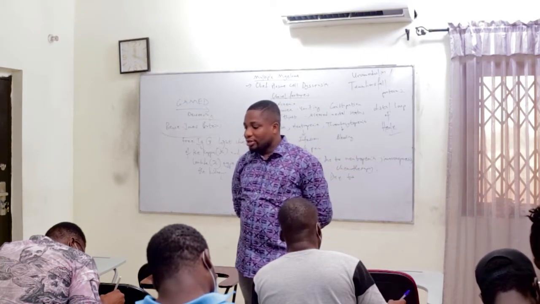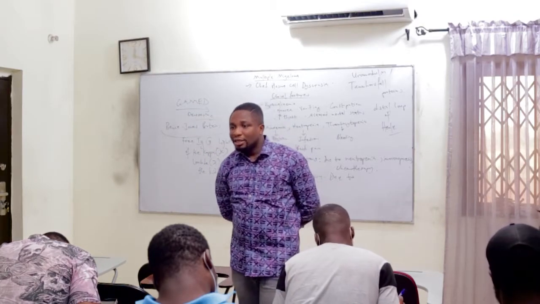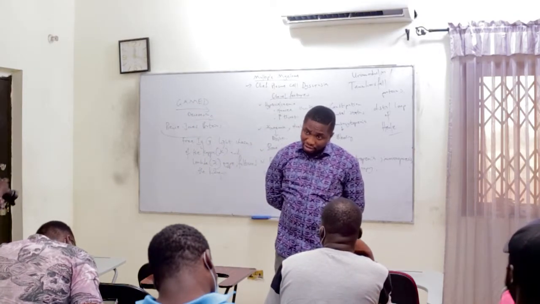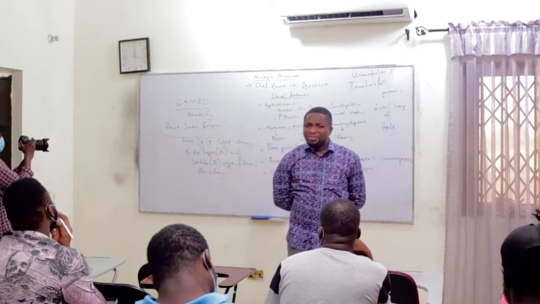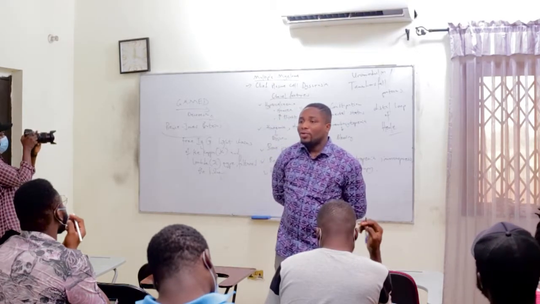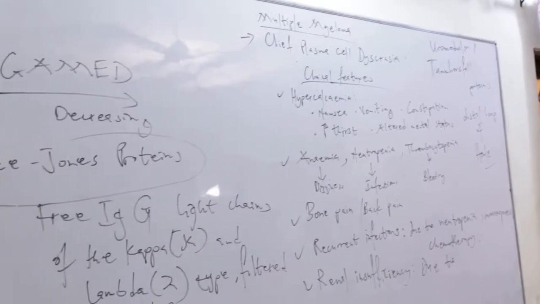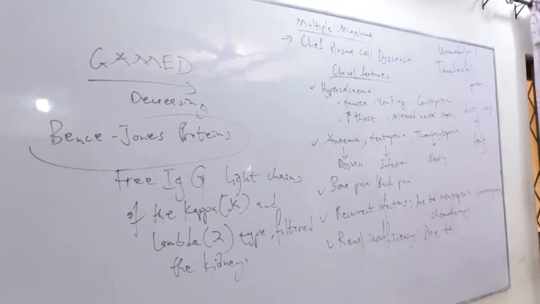So in this case, yes, the precipitation of the light chains by the Tamm-Horsfall proteins in the distal loop of Henle is what will account for the renal insufficiency. And again, bear in mind that it is not only as a result of that.